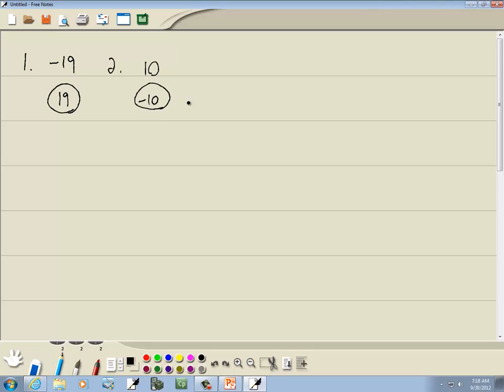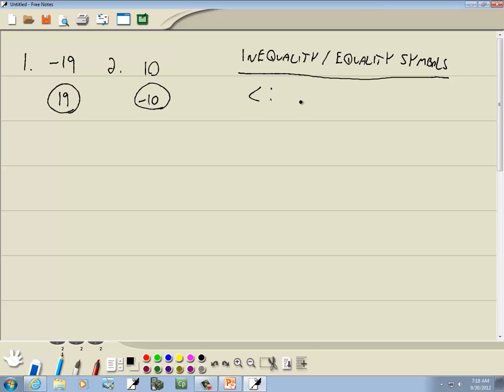Now we have some inequality slash equality symbols. Let's review those. We have this one. This is less than. It's read as is less than. We have one that looks like this. That is less than or equal to.